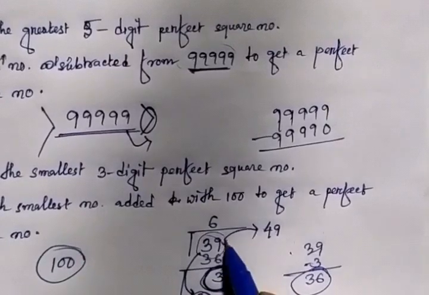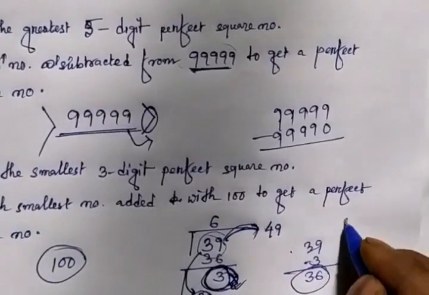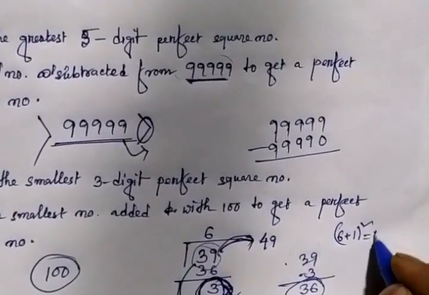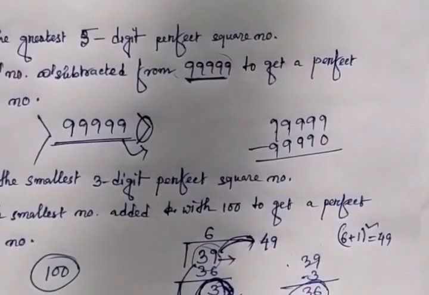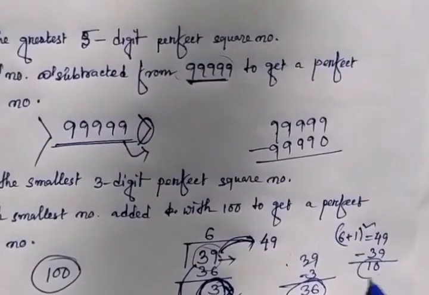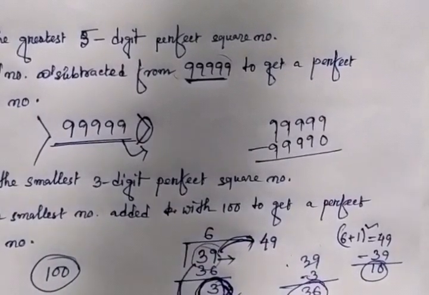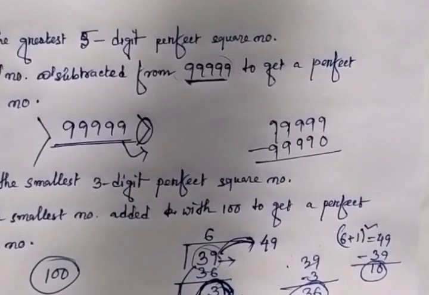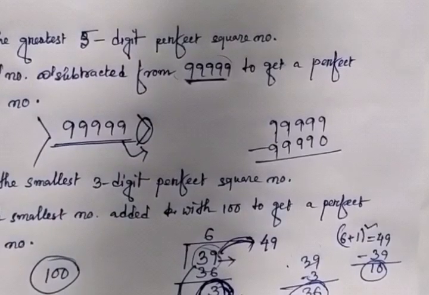For the next number after 39, the result is 6 plus 1 whole squared, so 7 squared, 49. So 49 minus 39 is 10. So 10 should be added to 39 to get a perfect square number. In addition, we cannot add 3 to get a perfect square number, but in subtraction, we subtract 3 to get the perfect square number.